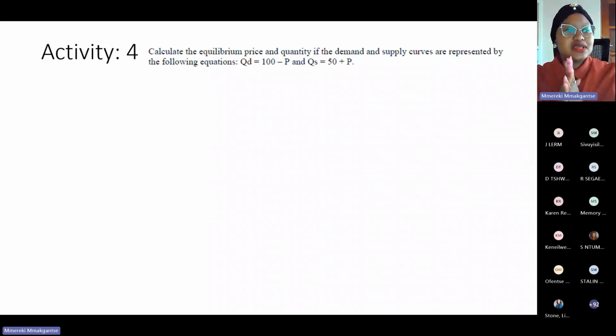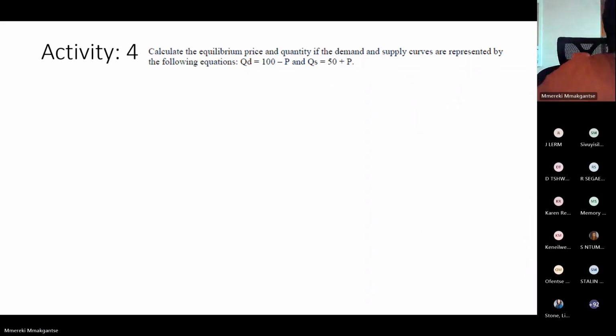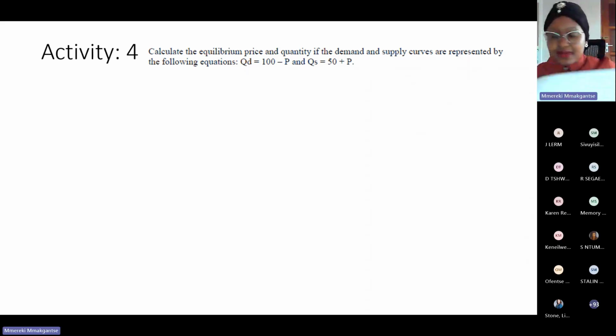Now, let's do this together. Calculate equilibrium price and quantity if the demand and supply curve are represented by the following equations. Let's calculate, my friends. Remember, you make them the same.